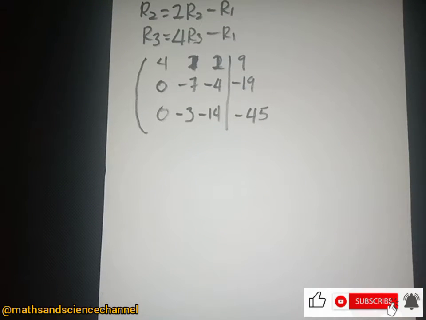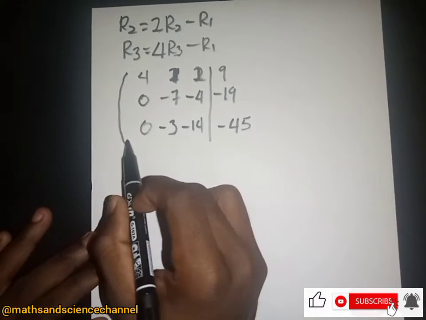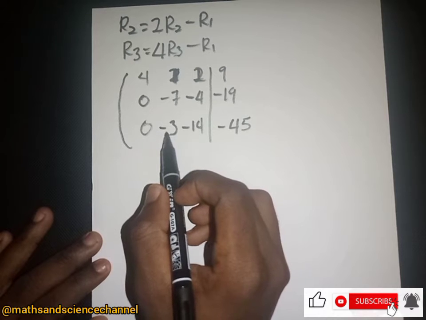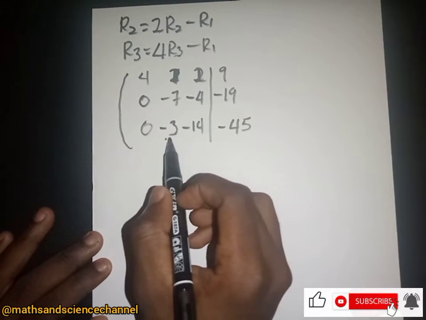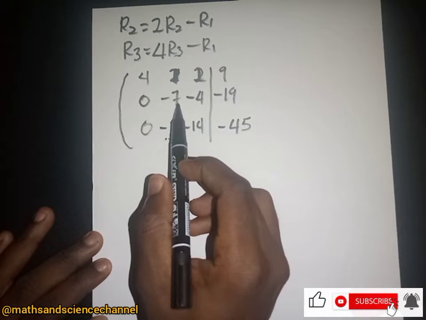Now all we are going to do next is to take row 3 and eliminate the coefficient of x2, which is -3 here, using row 2.